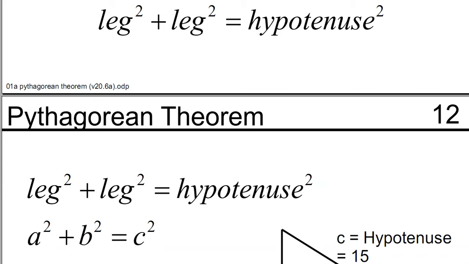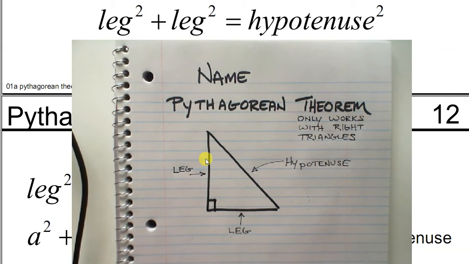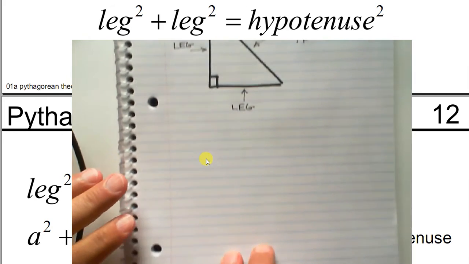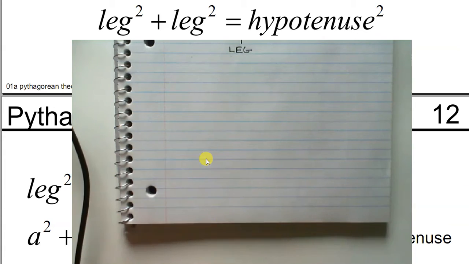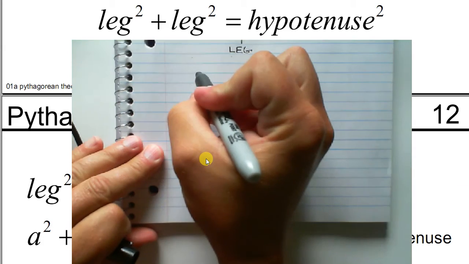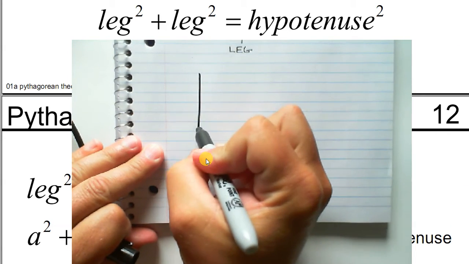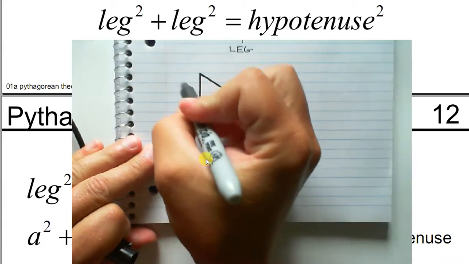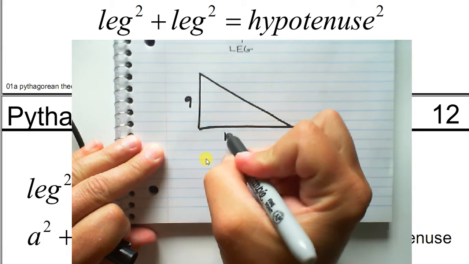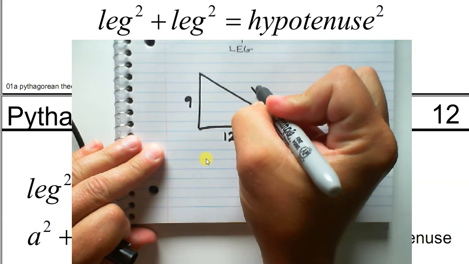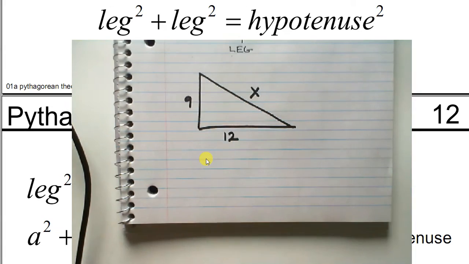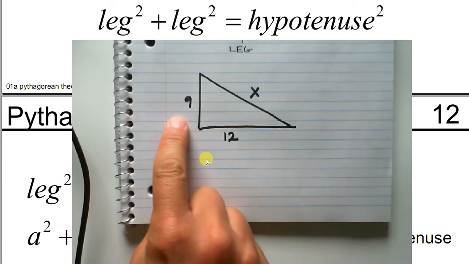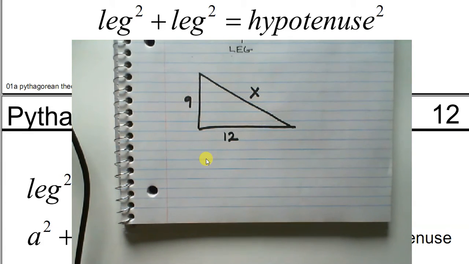Let's get this into our notes. Notice I have a side that's 9, a side that's 12, and I want to find that missing side. Well, that's what the Pythagorean theorem will let us do.